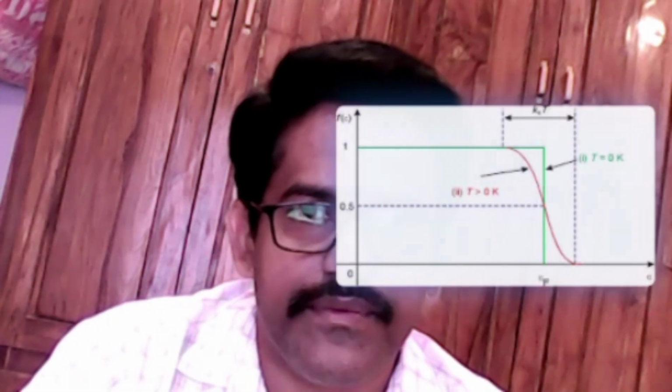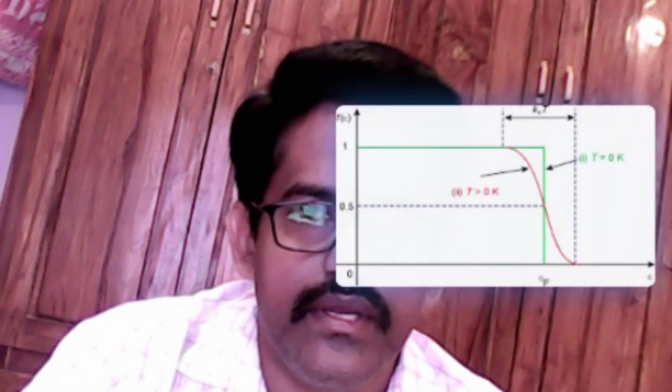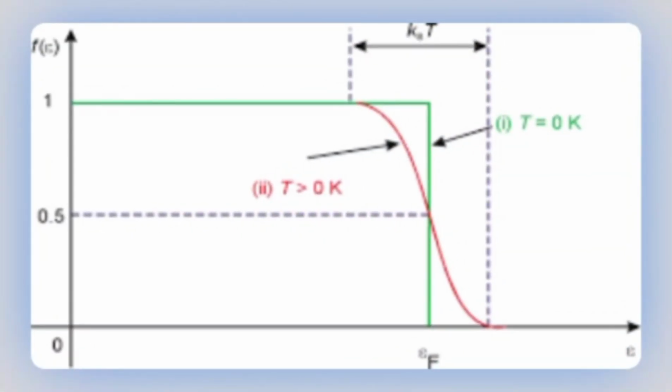From this graph, we observe that at other than 0 Kelvin, at the Fermi level the Fermi distribution function is 0.5, which means 1 by 2, and slowly it comes to 0.